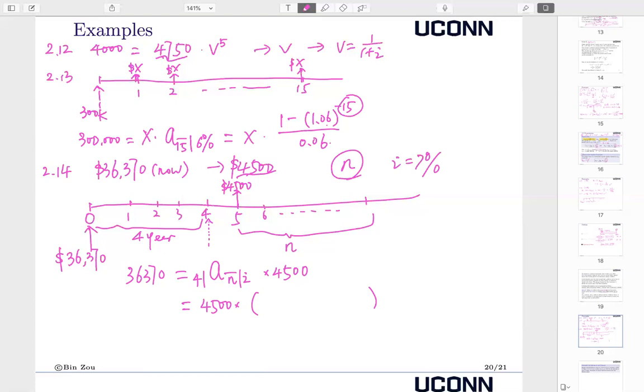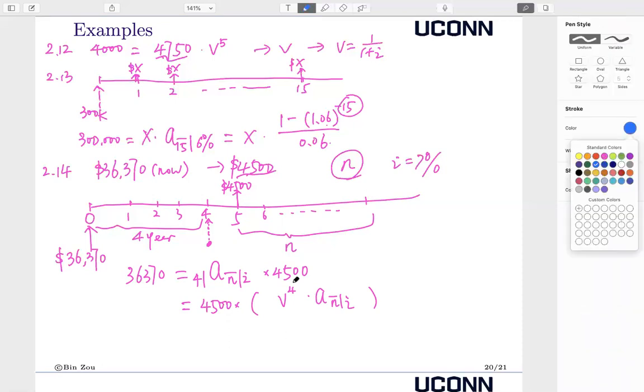So here at time 4 years I will have this annuity immediate, but this is the present value at time 4 years. And in order to go back to time 0, I need to discount by 4 years, not 5 years.